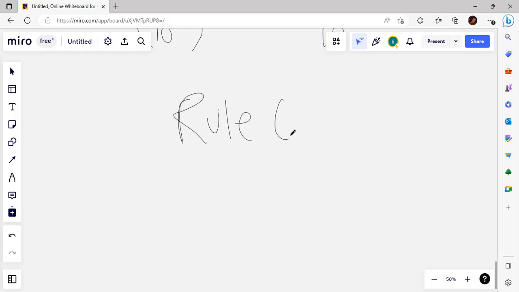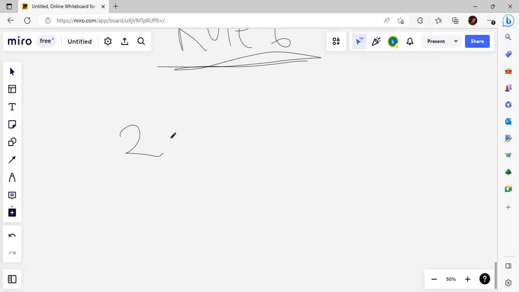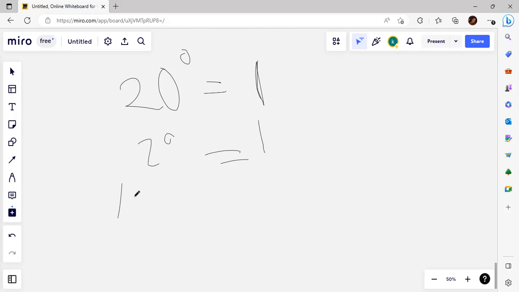It means basically any number. If it's 20 to the power of 0, it doesn't matter how big the number is, it is 1. If we have z to the power of 0, it's just going to be 1. If we have 1000 to the power of 0, for as long as it's to the power of 0, the answer is just going to be 1. Do you guys understand?